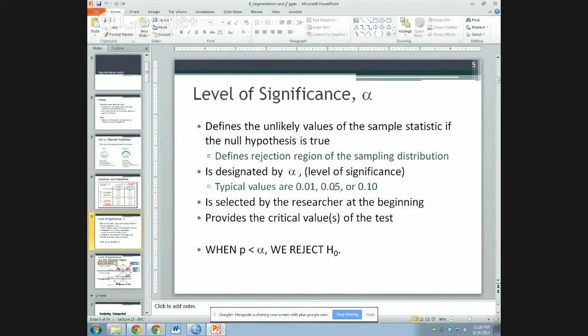So what this is essentially saying at 0.05, which is a standard that most researchers use in most instances, is that if we were to sample randomly from the population 100 times, we would accept the null hypothesis 95% of the time, or reject it 5% of the time.